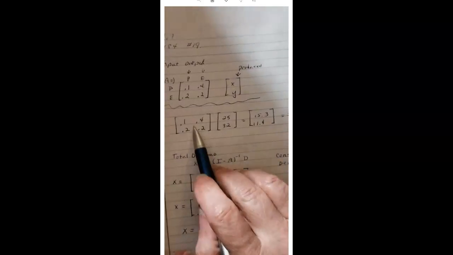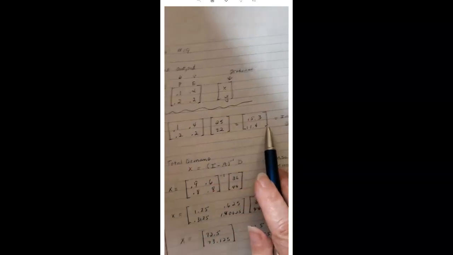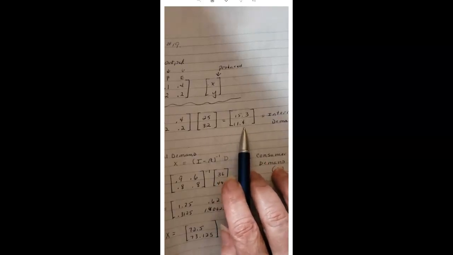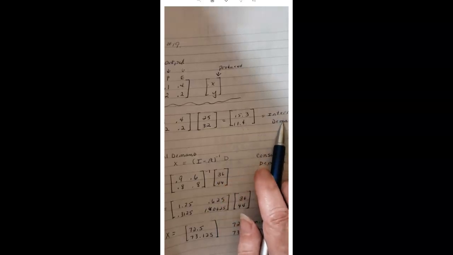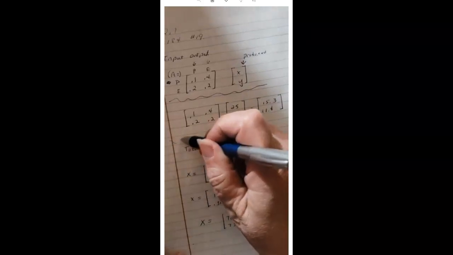If I multiply my matrix A times the 25 and 32, then it says that I need 15.3 parts of plastic and 11.4 parts of electricity to just meet whatever it is that I'm asking for internally. Internally, to make this much, I have to have this much stuff. Okay, that's part B then.